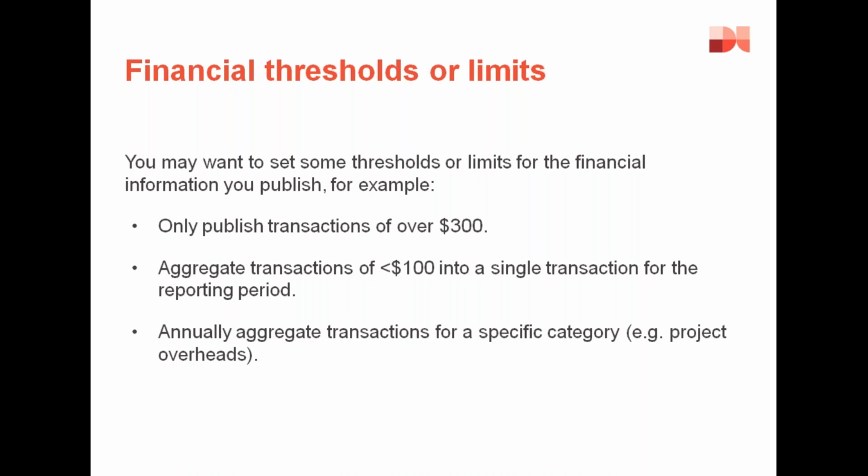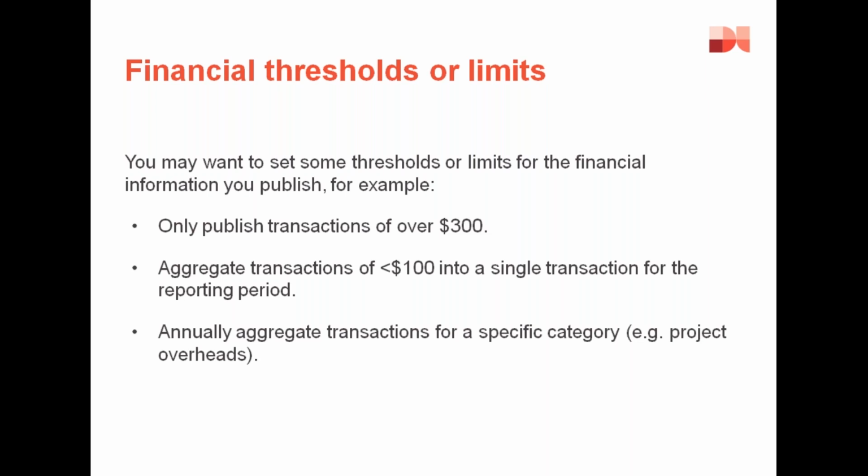When we get into the detail of publishing IATI, a lot of that is financial, but we don't necessarily expect organisations to publish every single financial transaction that they make. Most organisations will aggregate their transactions for the publishing period they're updating their data for. So if they're doing it quarterly, they'll aggregate all their transactions for a particular category, for instance, or to a particular supplier, and just publish a single transaction for that last quarter or month or whatever.